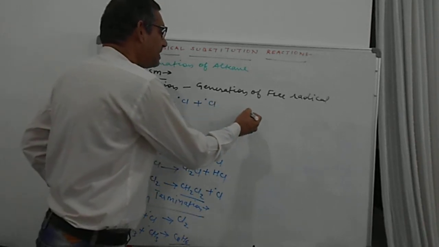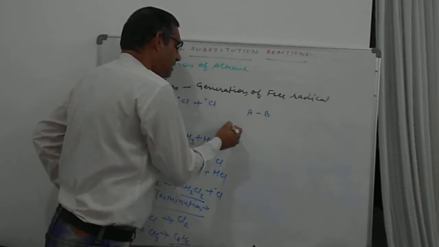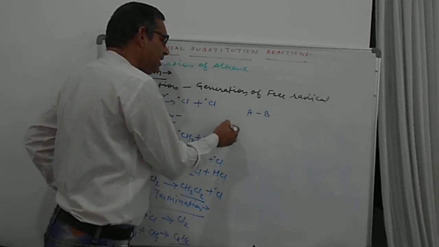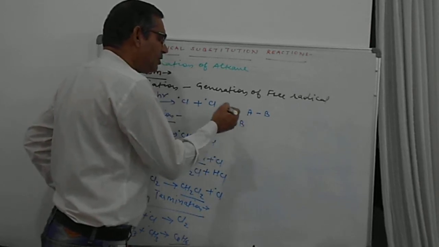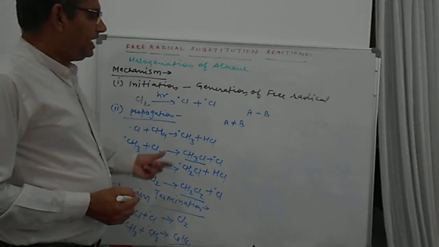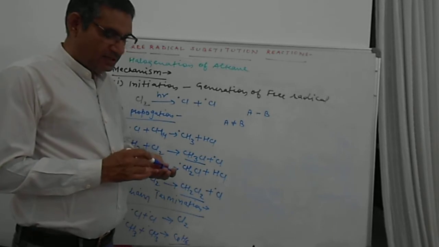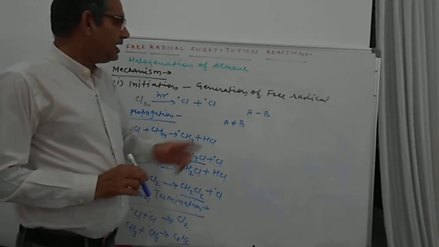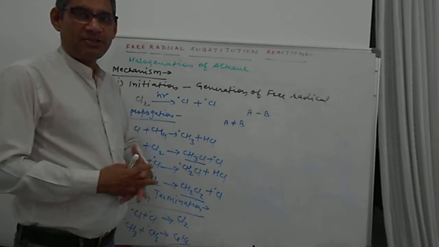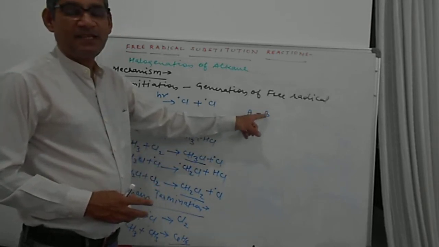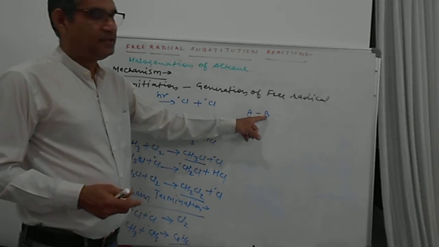See, if there is a compound AB, two conditions can be there. In one case, electronegativity of A and B are not equal. Then obviously the more electronegative element, either A or B, will attract the shared pair of electrons towards itself, get negatively charged, and will be known as anion.